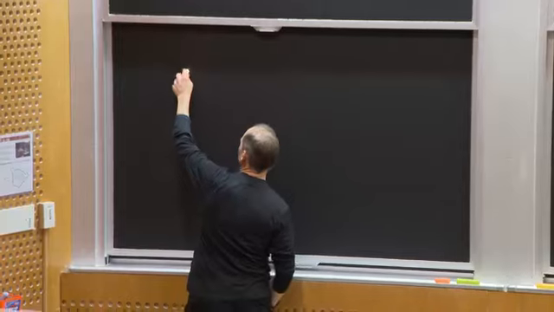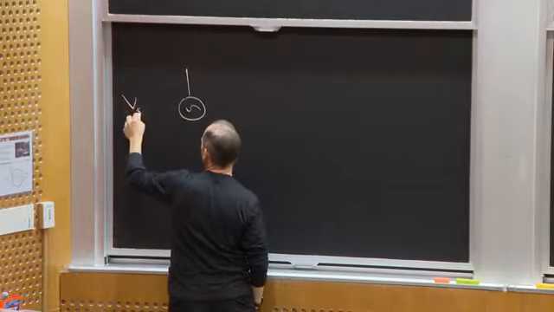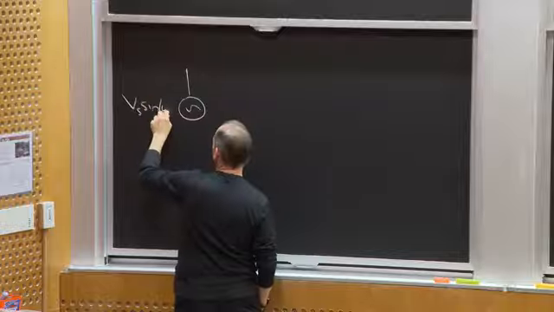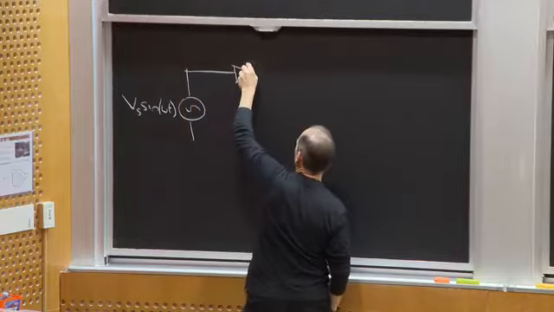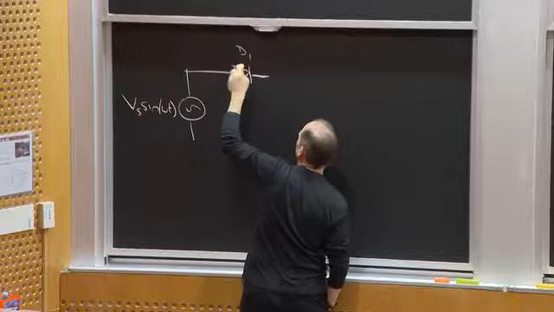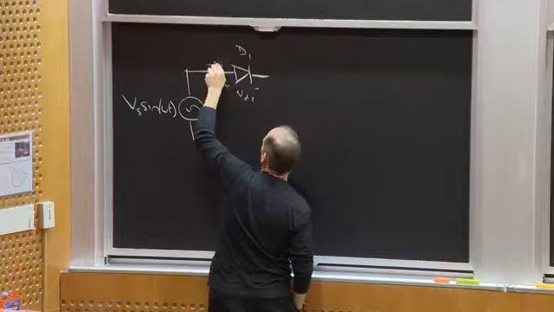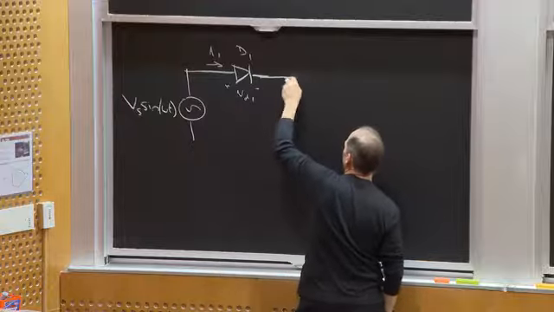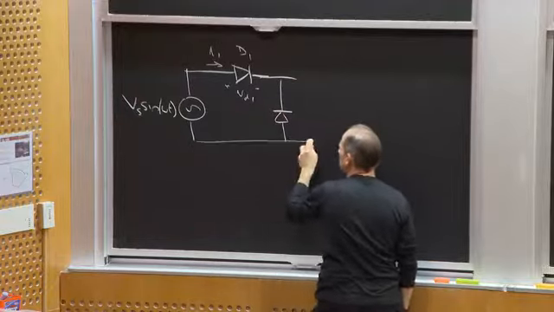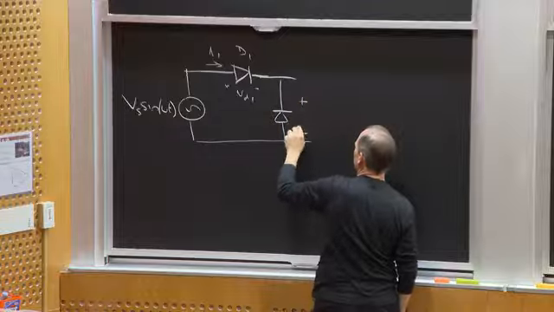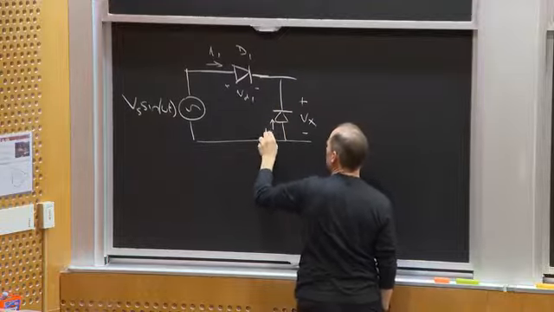We had a sinusoidal voltage source, Vs sine omega t. We had a first diode that I'll call D1, with voltage VD1 and current I1. I have a second diode, and we'll call this Vx and I2.